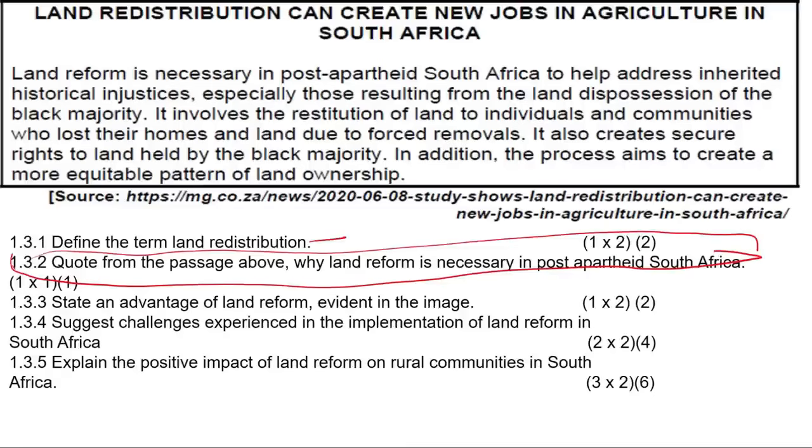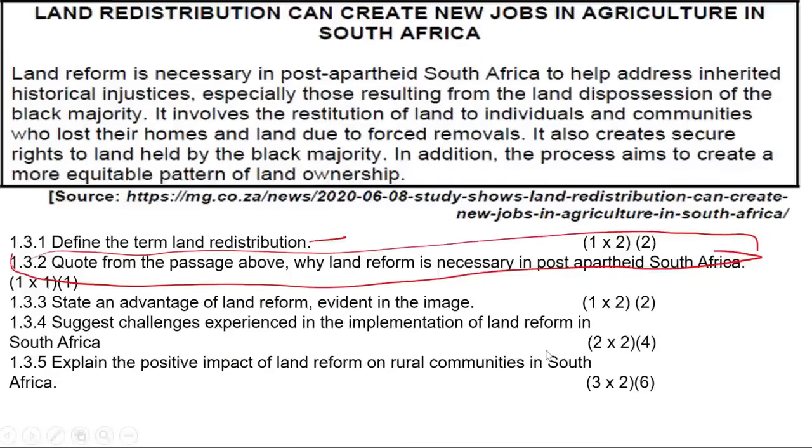What are the advantages of giving people land? So that people's quality of life can improve, so that there can be food security, so that people's dignity can be restored, so that people can have a residential area. There are a number of reasons.